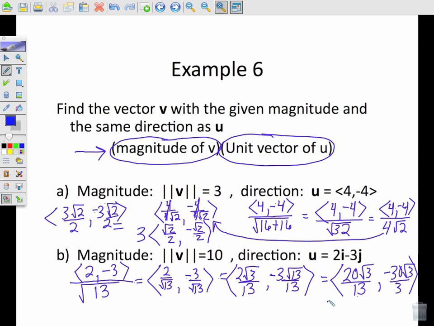If you're going to write it back into the linear combination, then it would be 20 square roots of 3 over 13 i minus 30 square roots of 3 over 13 j. So either one of those, you got the component form and you got the linear combination form.